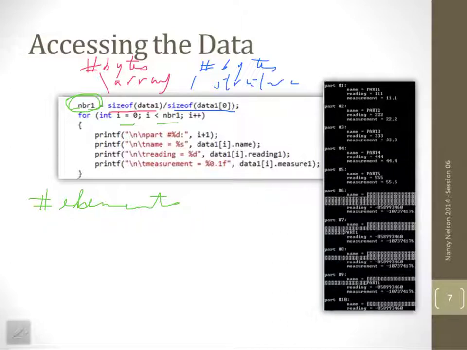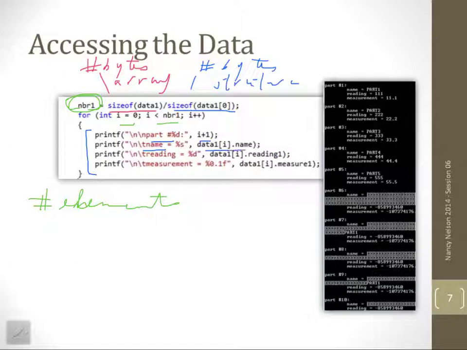So that's what we're doing in this for loop here. What are we going to do with those? We're going to print the part number, the name of the part. So we're at part number, and now I've done I+1 instead of I, and that's to make it more user-friendly. So instead of saying I'm at element number 0 of my database, I'm saying I'm at element number 1.